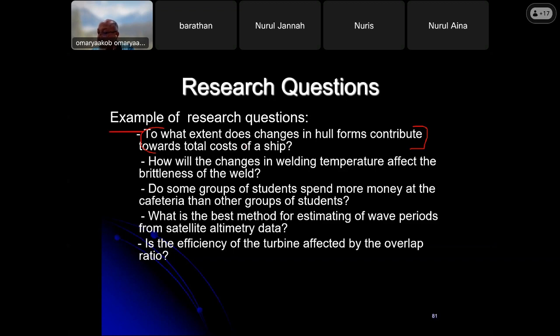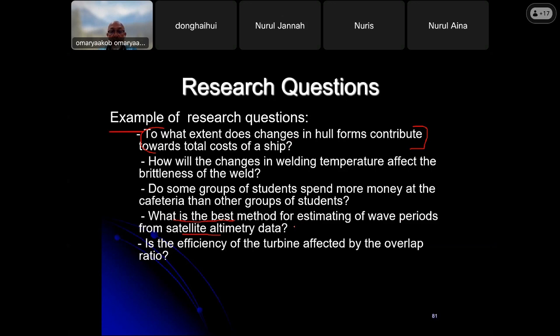Who else has not spoken? Dong, are you here? Yeah, teacher. So what do you think should be the objective here? For number 4, the wave period satellite altimetry, this one. Okay, this is the research question. We want to convert that into research objectives.